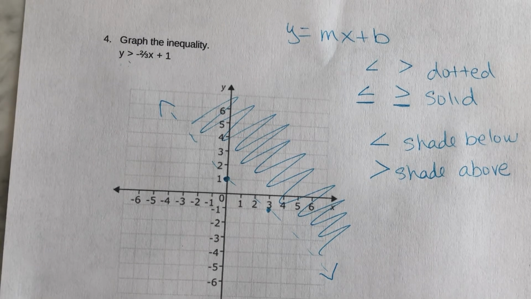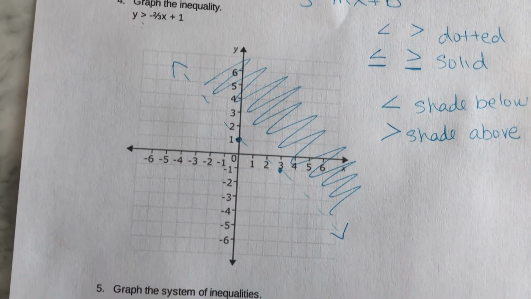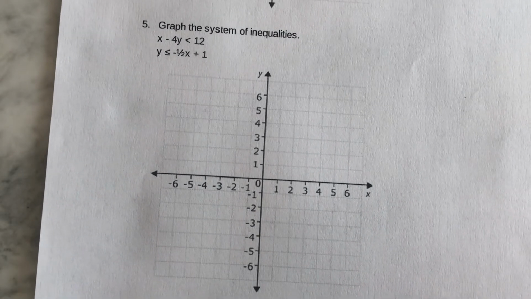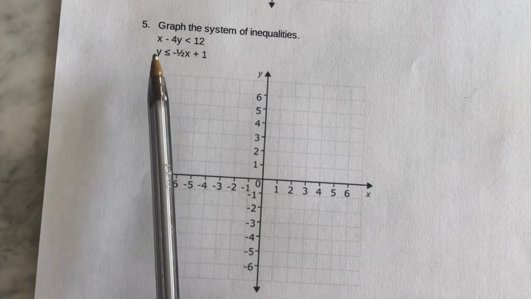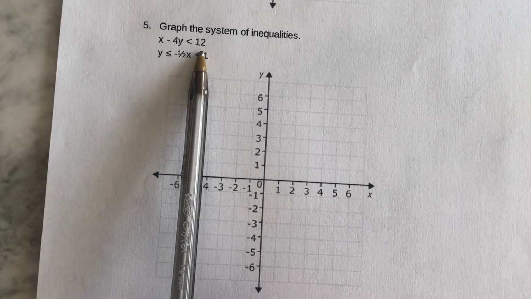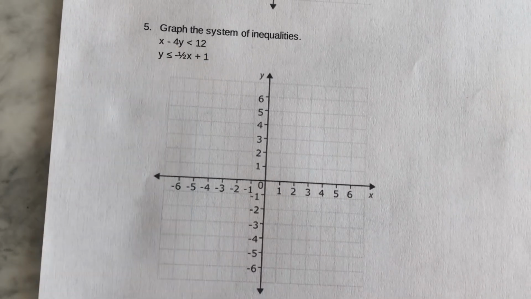So now we're going to use that method of graphing, and we're going to apply it to a system. So now we have a system of inequalities. So let's start with this first one, x minus 4y less than 12. That is in standard form, that is not in slope-intercept form.